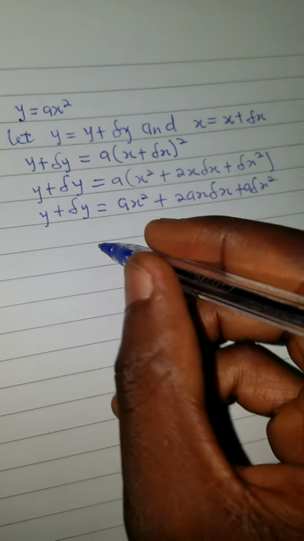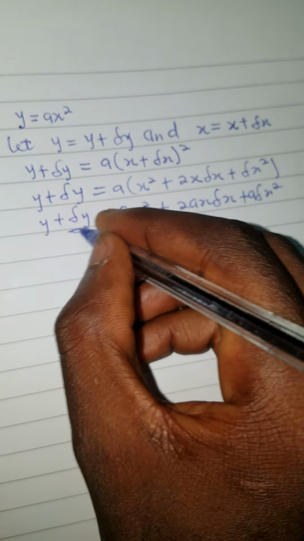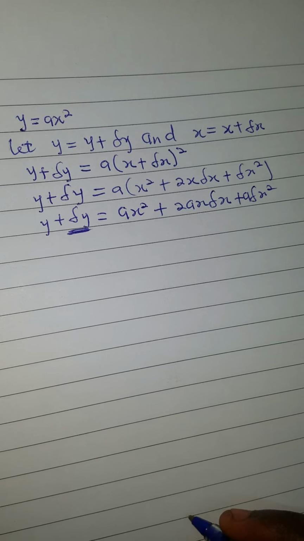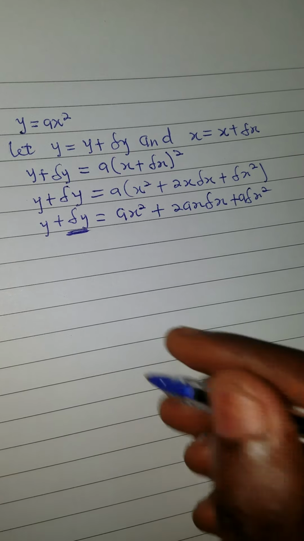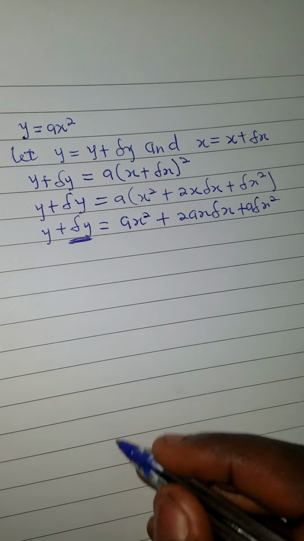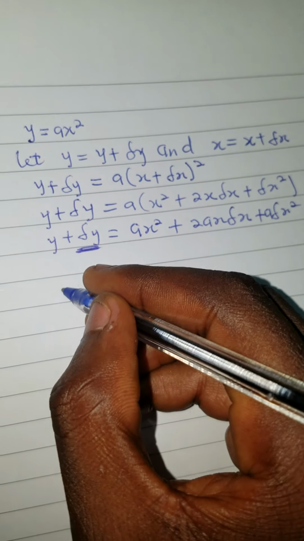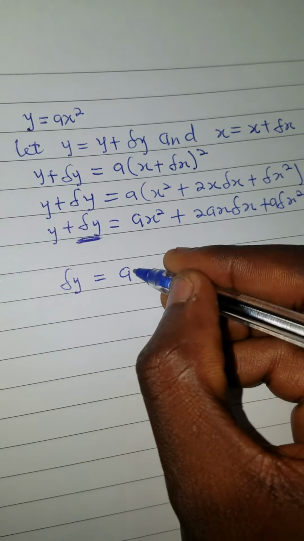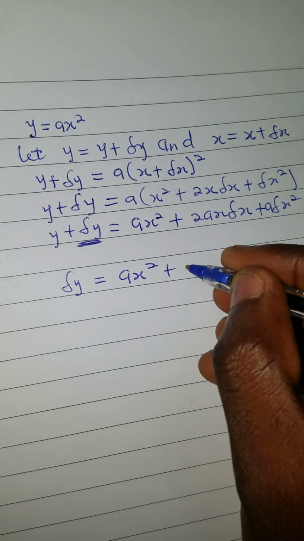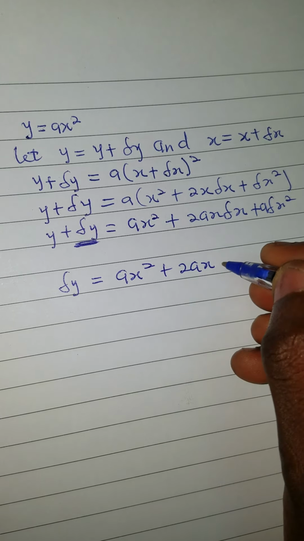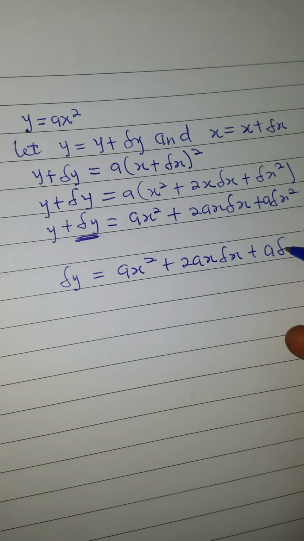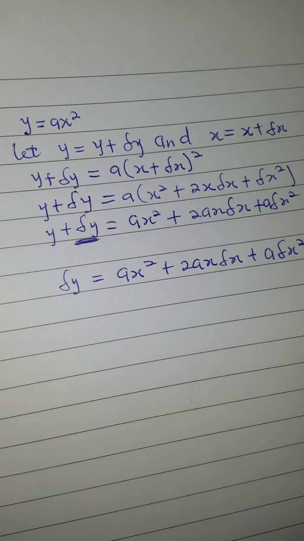Now let's make the y stand alone, because that is what we are looking for, to come and stand alone first. Then we send y to the other side. When you do that, this is what you have. The dy is equal to ax squared plus 2ax dx plus a dx squared minus y.